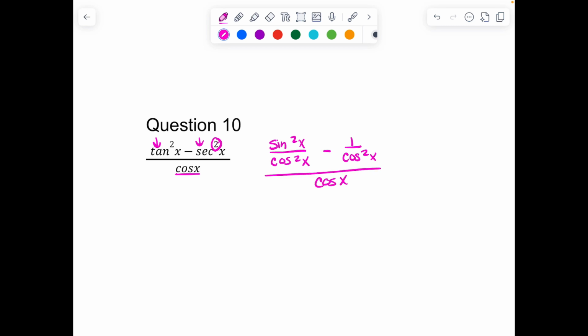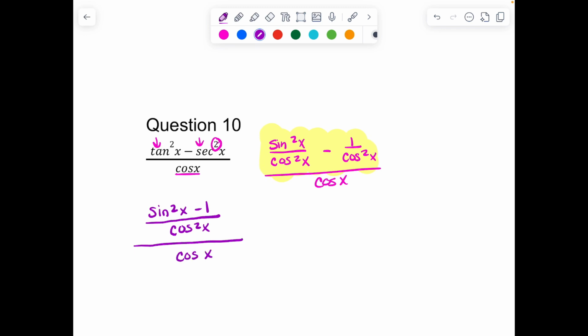So then we're going to go ahead and think about, can we combine these? Well, the top pieces, the numerators up here, we're combining fractions. They already have like terms, so let's combine them here. So we end up having sine squared of x minus 1 all over cosine squared of x, and then the cosine of x stays on the bottom.